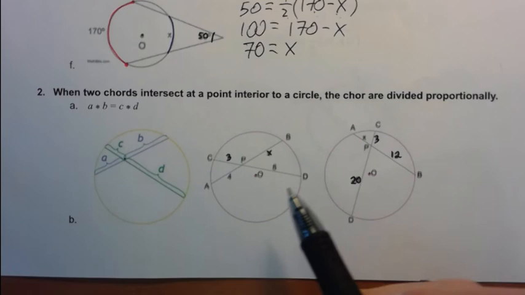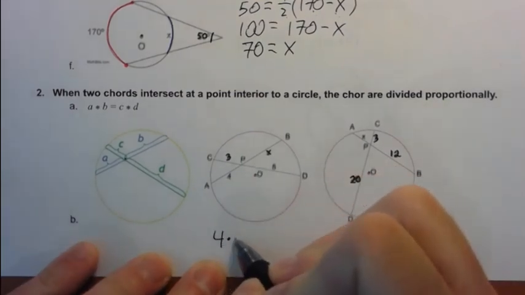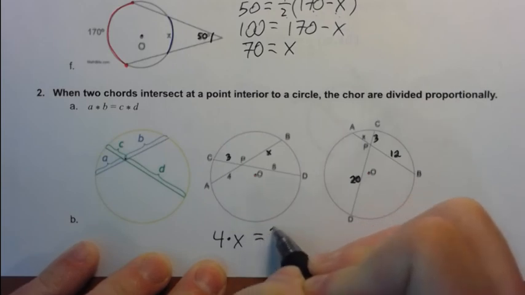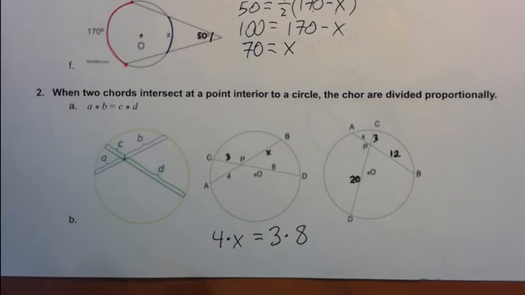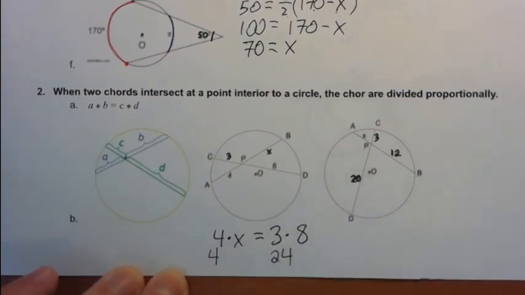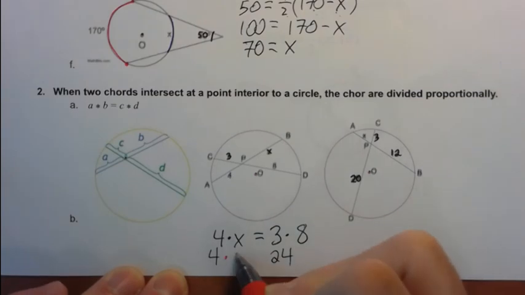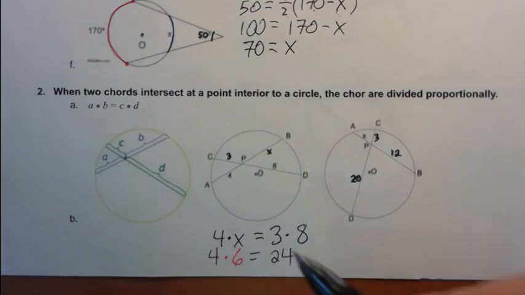For example 1 here, we would just do 4 times x has to equal 3 times 8. Well, if this side equals 24, that means that 4 times 6 would have to make that work, making our x equal to 6.